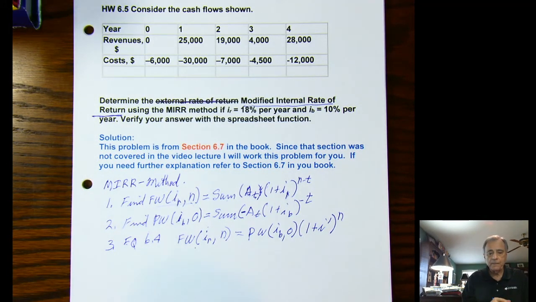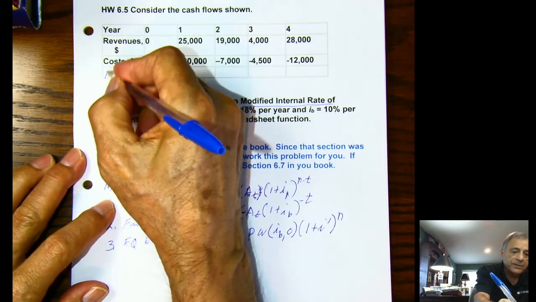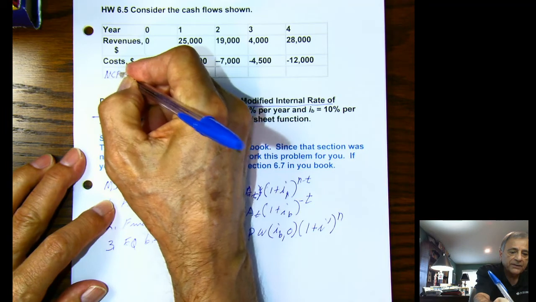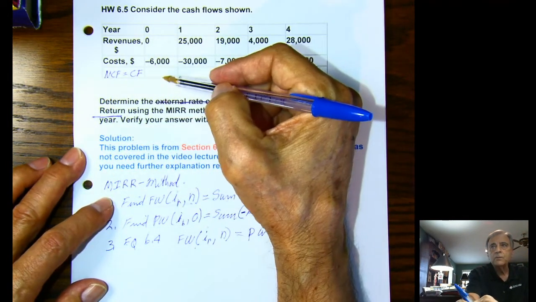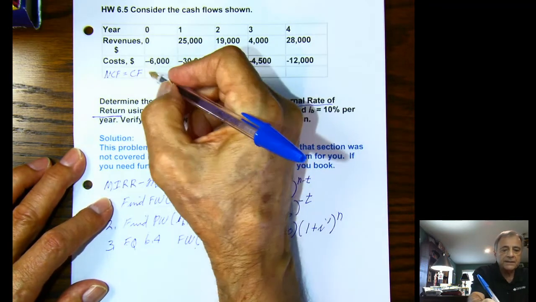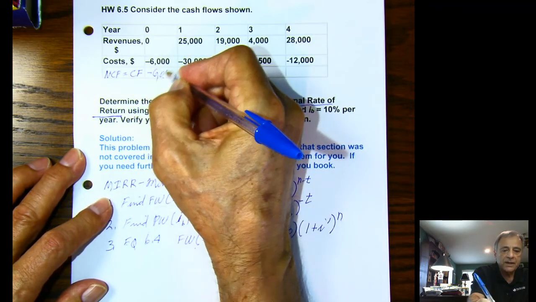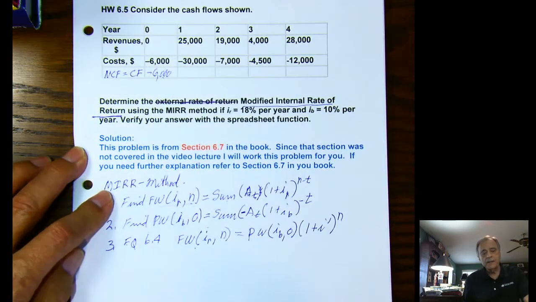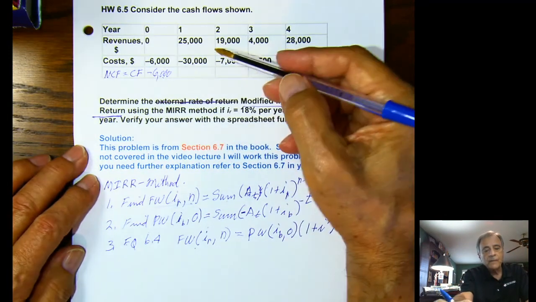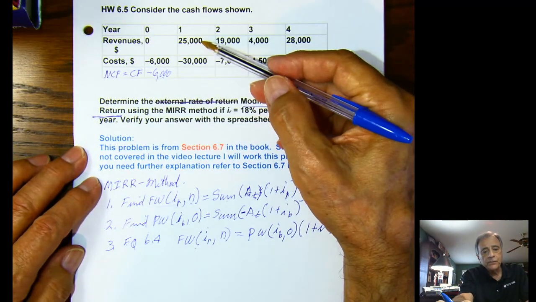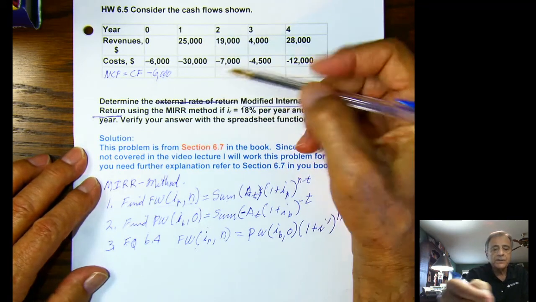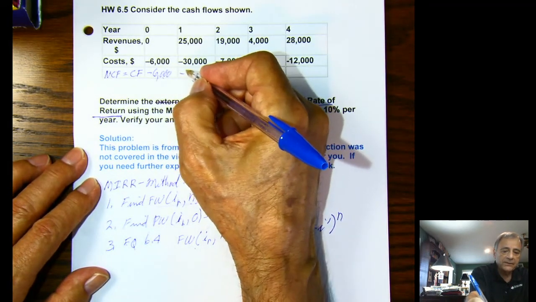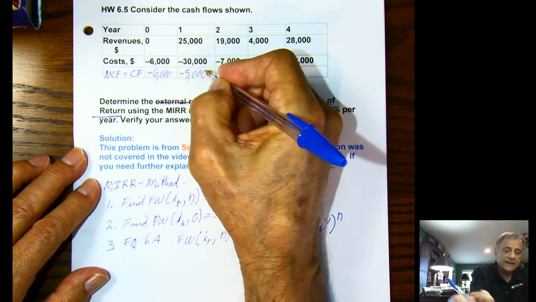Let me get the net cash flow. Sometimes it's just called the cash flow, net cash flow, or just cash flow. At time 0, it's minus $6,000 because there is no revenue at time 0. At time 1, you've got a revenue of $25,000 and a cost of $30,000, so that's minus $5,000 netted out.